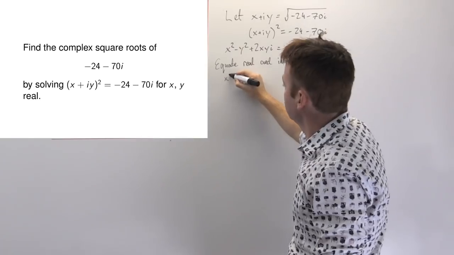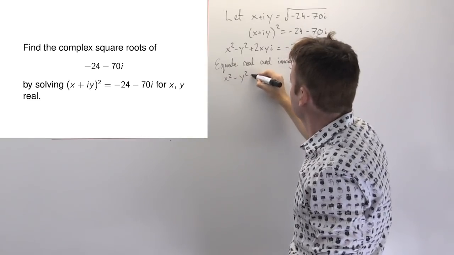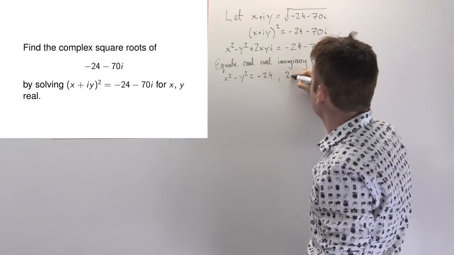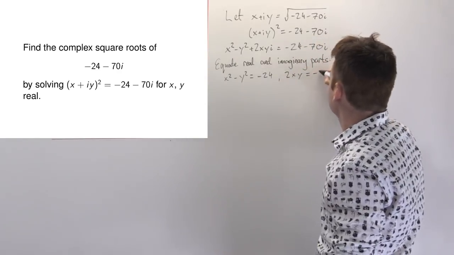Equating the real parts gives us, and equating the imaginary parts gives us that 2xy is equal to negative 70.